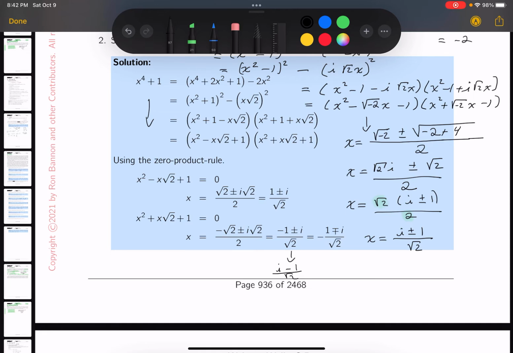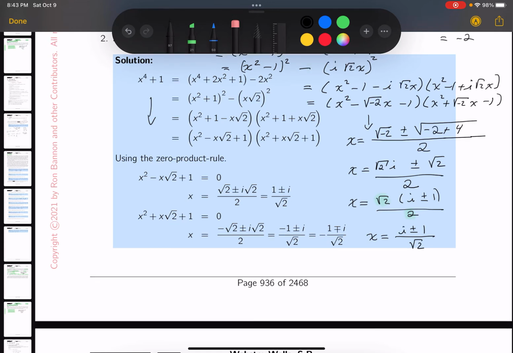You know what I'm going to do? Just erase that again. I want to make sure we're getting the same thing. I'm going to have to write them down for you. All right? So let's write them down. So one is going to be 1 plus i. I'm just looking at my answer key because I want to match them. And the other one's going to be 1 minus i over root 2.